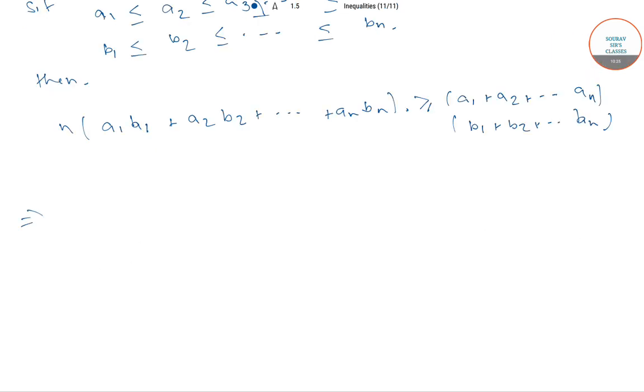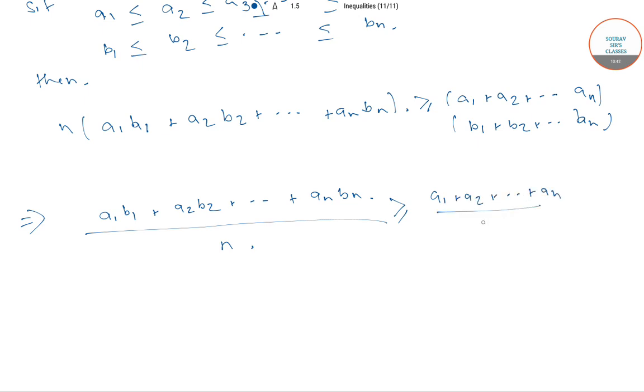Or this would imply (a1 b1 plus a2 b2 plus so on till plus an bn) divided by n is greater than or equal to (a1 plus a2 plus so on till an) divided by n into (b1 plus b2 plus so on till bn) divided by n.